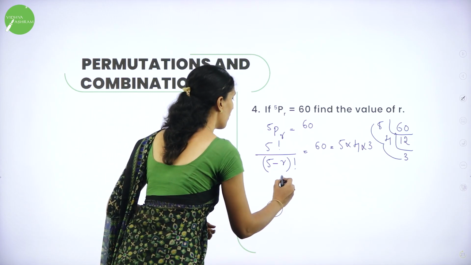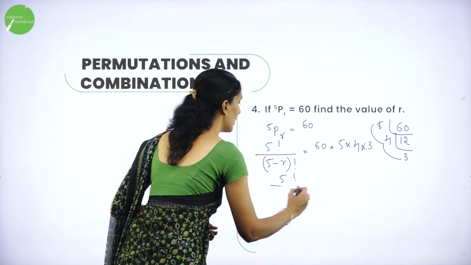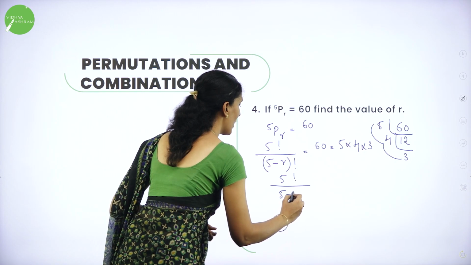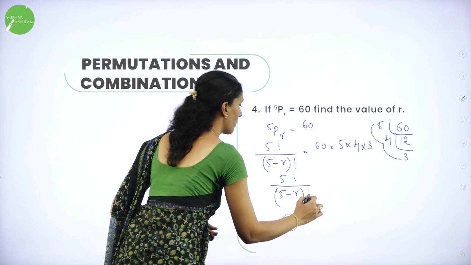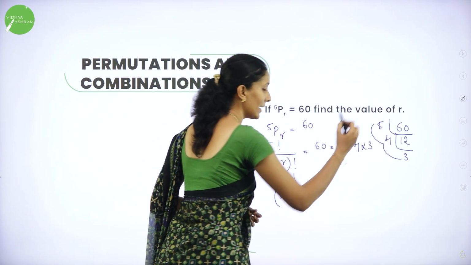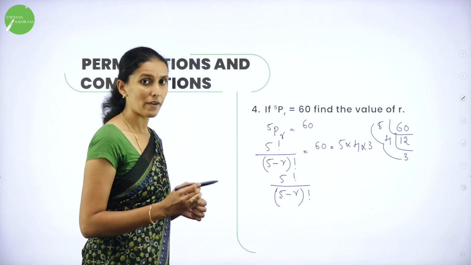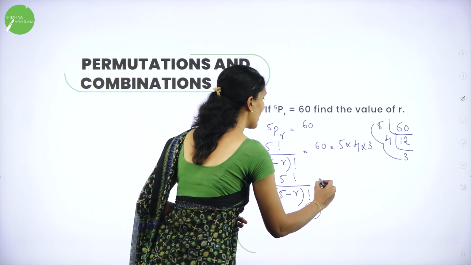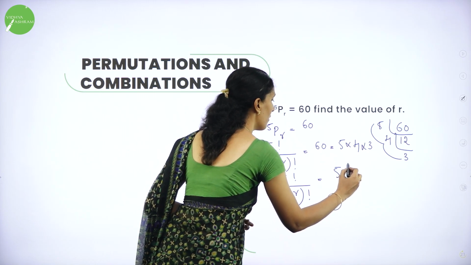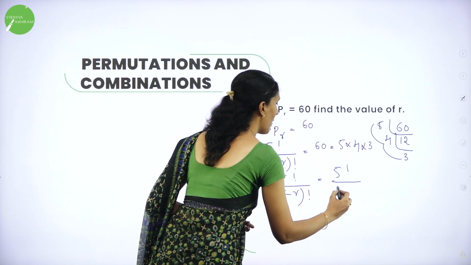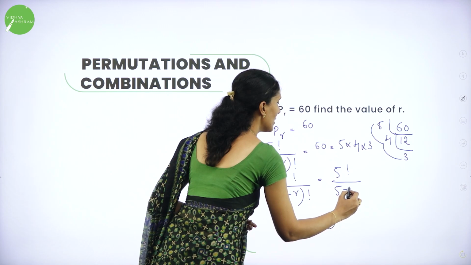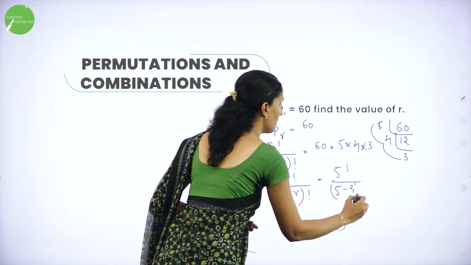Okay, so that is 5 factorial divided by (5 minus R) factorial. So you are just writing the 3 terms of 5 factorial, that is 5, 4, 3. So therefore I can write this in this form, 5 factorial divided by (5 minus 3) factorial.